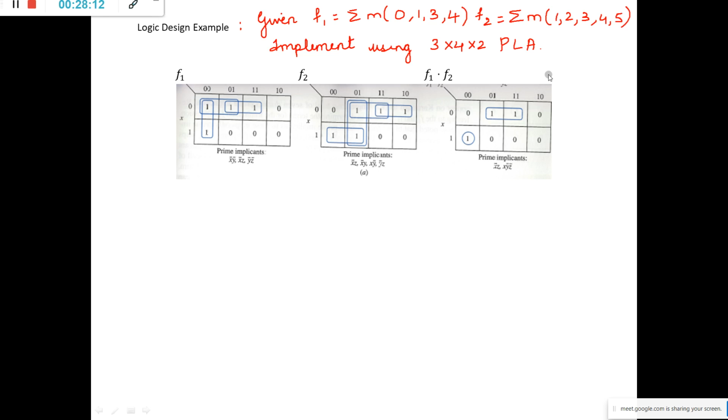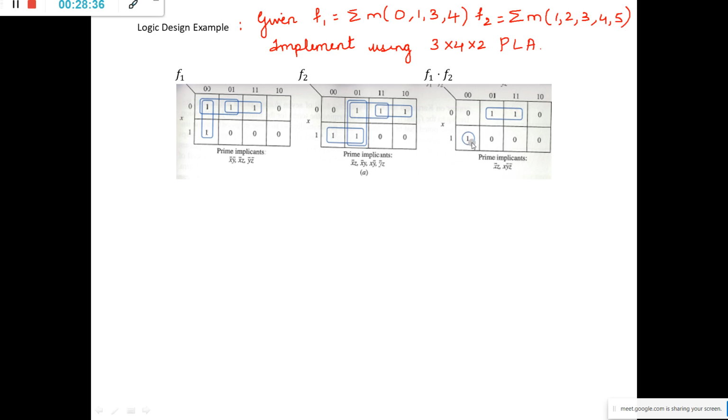Next, the third K-map shows F1 into F2. Here, 1 is there in both the functions, write it. In both the functions 3 is there, write it. In both the functions 4 is there, write it.